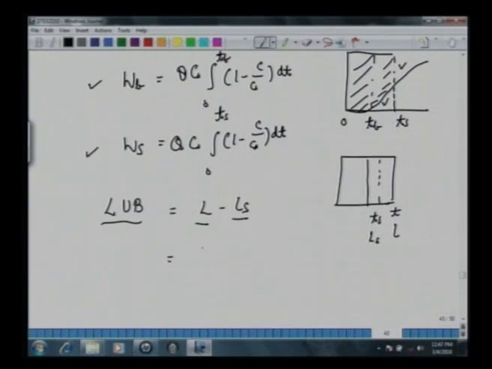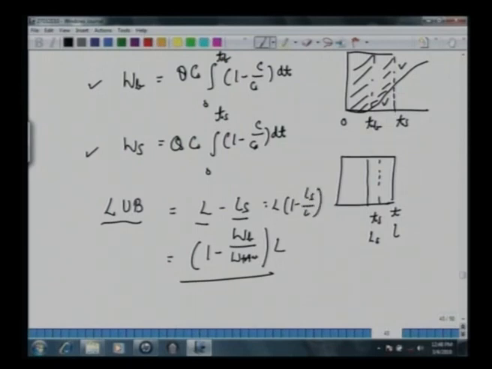That means you should be able to convince yourself this is nothing but 1 minus WB over W total, which we have calculated, into this length. So you could take L outside, it is nothing but L times 1 minus LS over L.